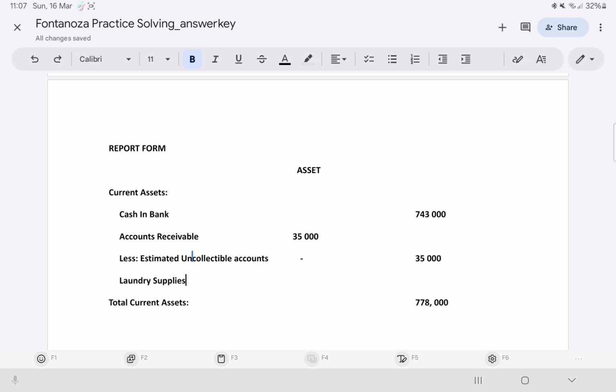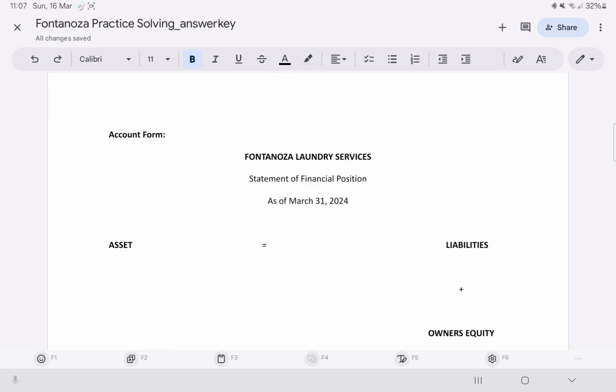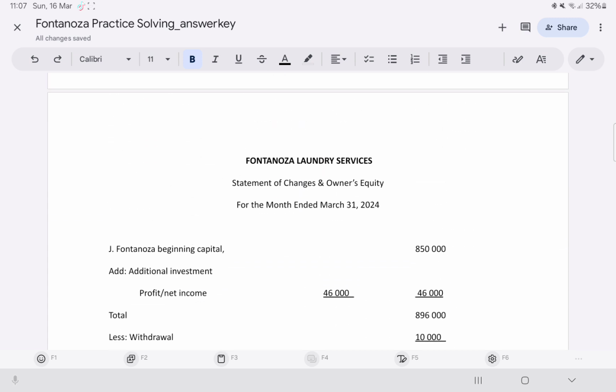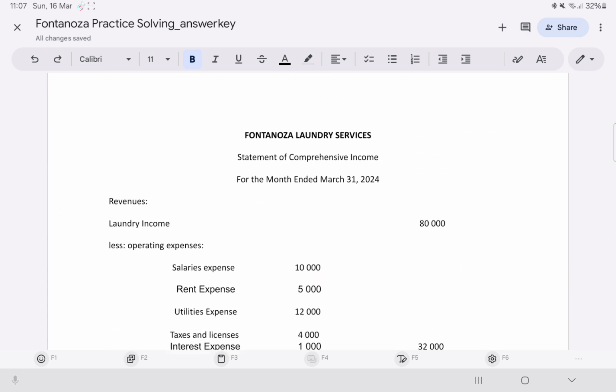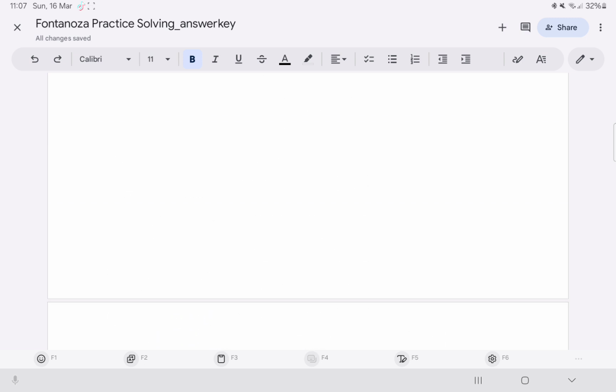Let's go back to the problem. Since there is no data for the estimated uncollectible accounts, this is correct, we total 35,000. Let's find out the amount of laundry supplies in the unadjusted trial balance of Fontanoza Laundry Services.